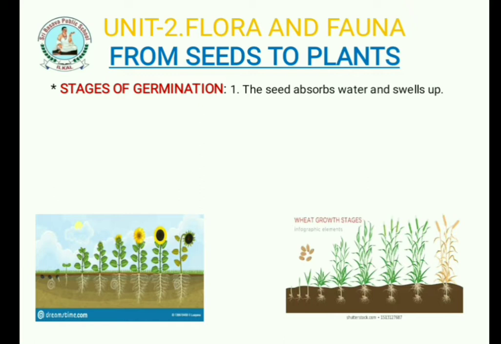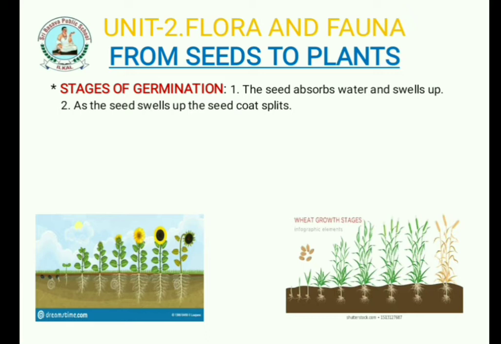First, the seed absorbs water and swells up. In the first stage, during germination the seed absorbs water and swells up. Clear? Swells means bulging. Second point, as the seed swells up, the seed coat splits.